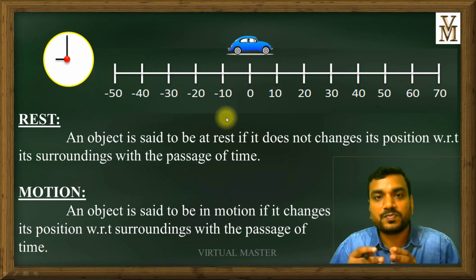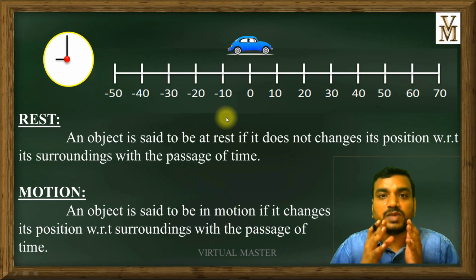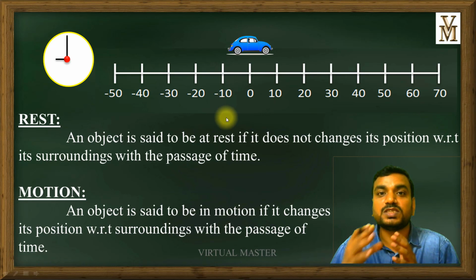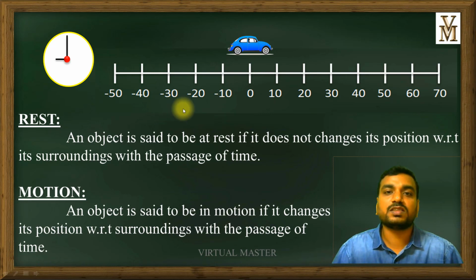Now what is motion? An object is said to be in motion only if it changes its position with respect to time. Let us take the same example of the car. At 9 o'clock, the car is at 0th position.